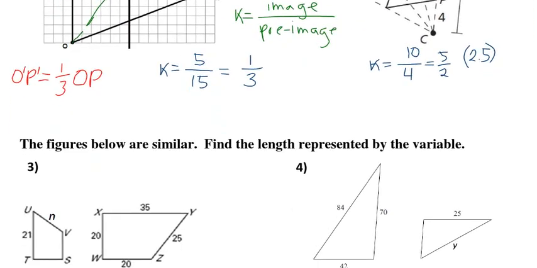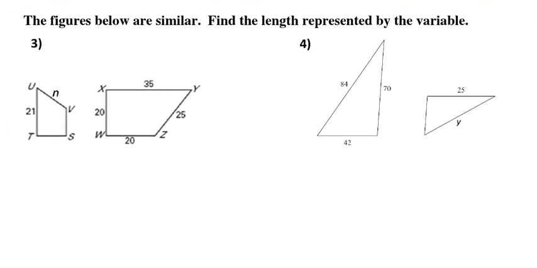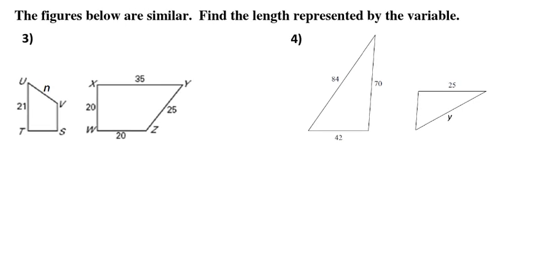We now go to exercises 3 and 4. The next thing that you should be able to do when working with similar figures is finding lengths of sides. The instructions say the figures below are similar. Find the length represented by the variable.